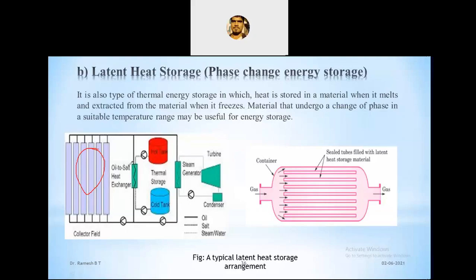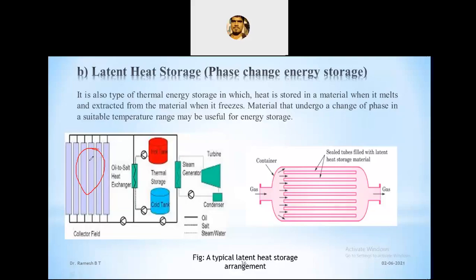And here there is a heat exchanger, an oil-to-salt heat exchanger. Inside the heat exchanger there is a heat exchange. In the collector the heat is absorbed by the substance, and in the heat exchanger it gives the heat to another substance. Here there is a hot tank and a cold tank. From the cold tank the substance is continuously supplied to the heat exchanger, and it absorbs the heat from the substance coming from the collectors.